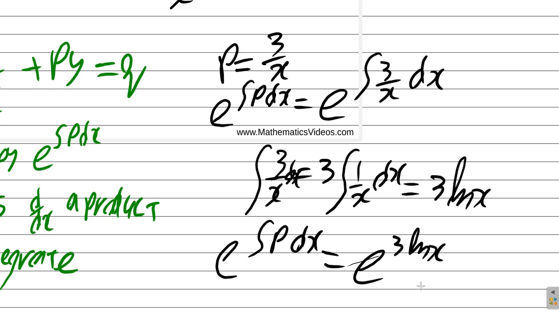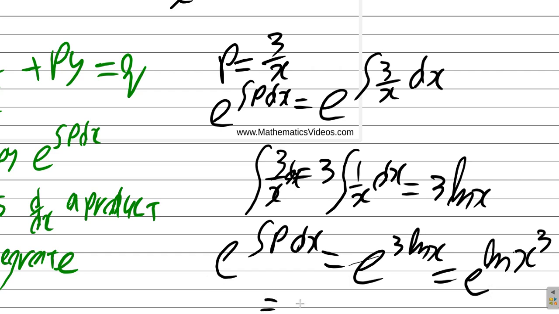Now, notice, if you have e to the ln of a function, then that will be the function. So let's try and write it like that. If you remember your rules of logarithm, 3 times ln x is equal to ln of x cubed. You see the e to the ln, that cancels.